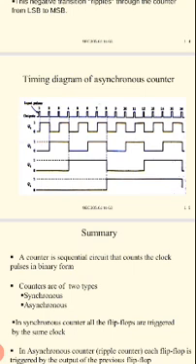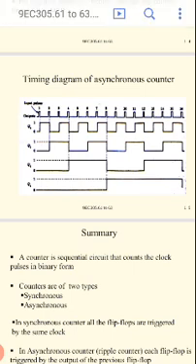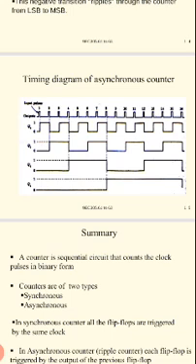In synchronous counter, all the flip-flops are triggered by the same clock. In asynchronous counter, each flip-flop is triggered by the output of the previous flip-flop.